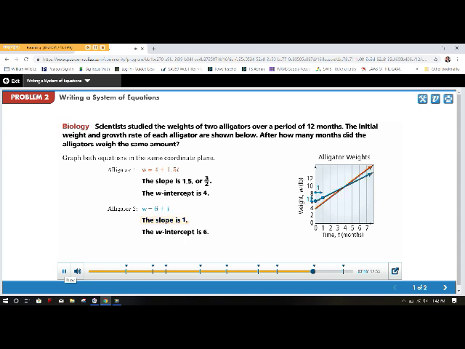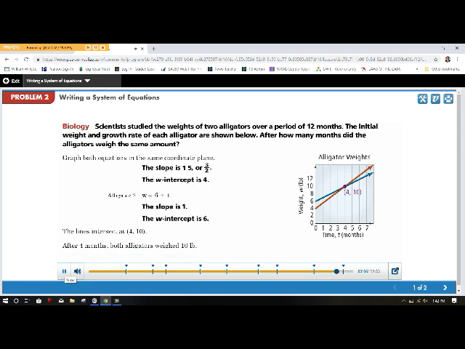Then draw a line through the points. Find the point of intersection. The lines intersect at the point 4, 10. This means that after 4 months, both alligators weighed 10 pounds.